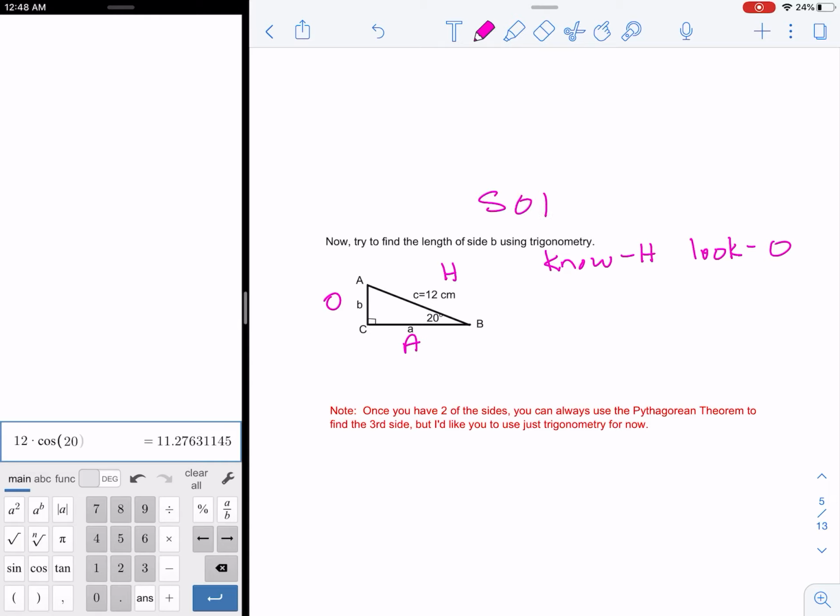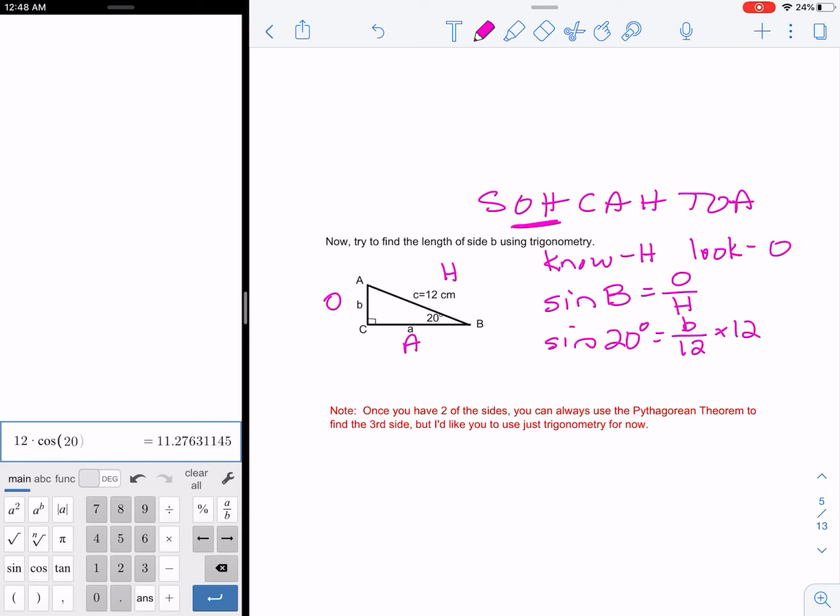So in SOHCAHTOA, opposite and hypotenuse is sine. So that means that the sine of angle B equals opposite over hypotenuse. So the sine of 20 degrees equals the opposite, which we're calling B, over the hypotenuse, which is 12.